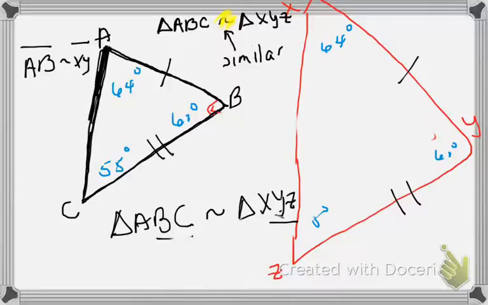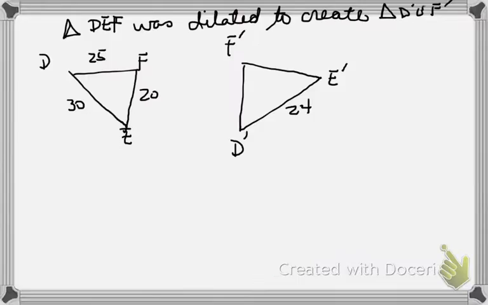Then our third line is CA, which means ZX. So this will be a third line. All right, and that's how you put them together. If you're working on these as a ratio, you could set them up this way, which we are going to do on the next page.